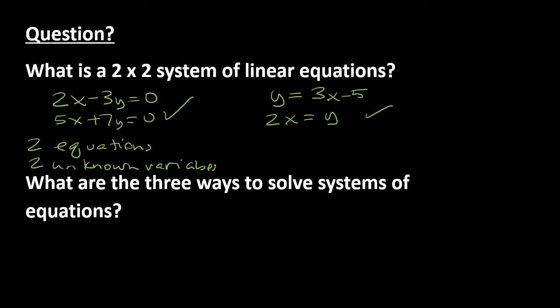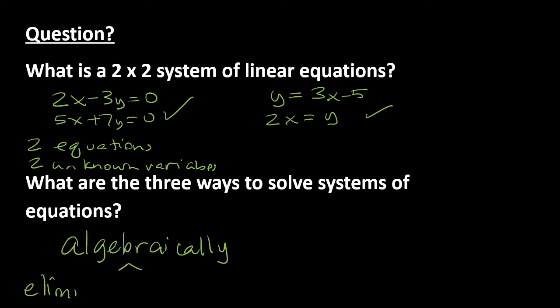When we talk about ways to solve systems, you can solve these systems algebraically. You could think of algebraically two different ways. You could use elimination, or you could do substitution.